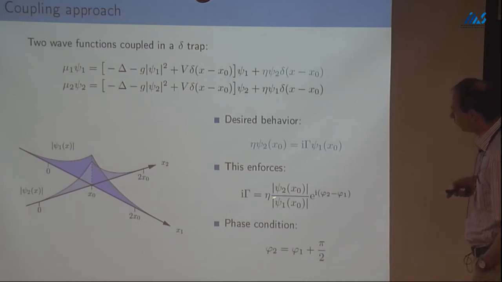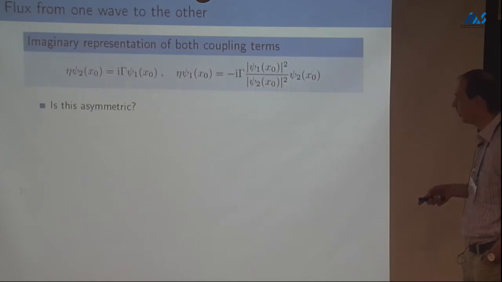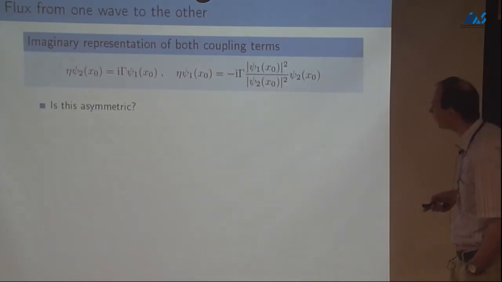If you want this to be real and put all phase information in the wave function, of course, if we have some other values here, we'll just change some values here, but let's work with one restriction, which will simplify our discussion. This tells us we need some phase relation to implement exactly this imaginary potential here. And also we have some restriction on the strength here, which will be given by the moduli of the wave functions. So that's basically what we can calculate here.